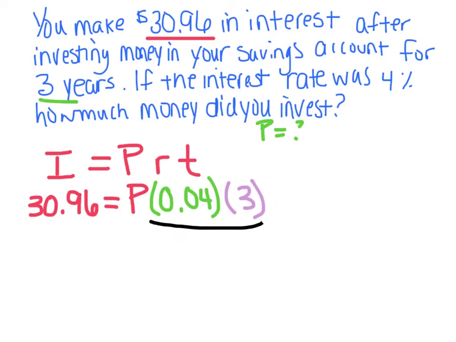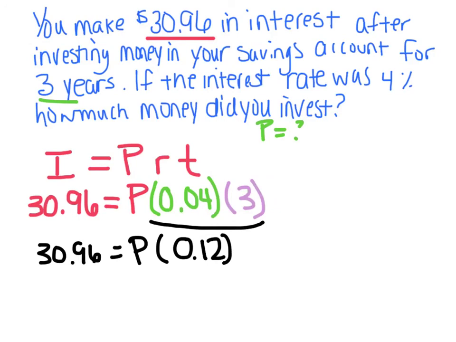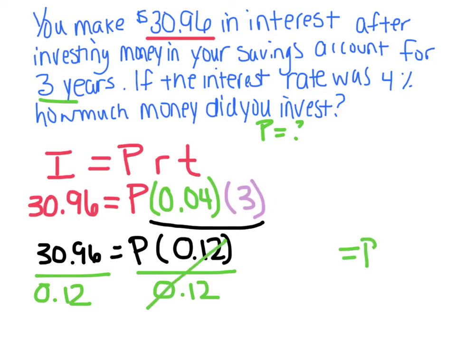So we're going to multiply the two that we know over on the right side of our equation. I have 0.04 times 3, and I have p times 0.12, or you could write that as 0.12 times p. They both work. So now we have principal times 0.12 equals 30.96. So we divide by how many p's we have in this case, and that cancels it out and gets p alone on one side of our equation.